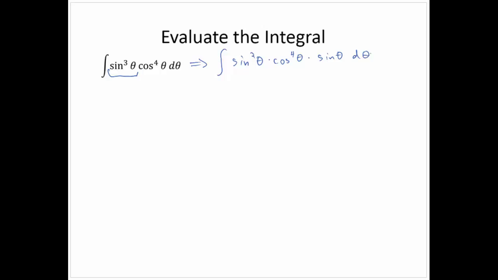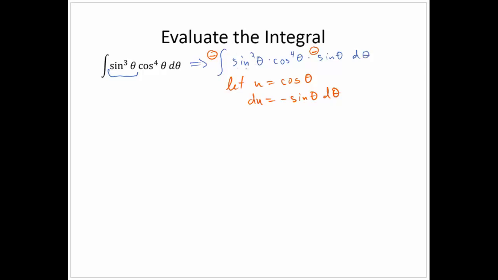Well, now I'm going to use a little bit of trickery, not really trickery, but look what happens. Suppose I let u equal cosine theta. Then du is negative sine theta d theta. And so I've got the sine theta d theta, so I would need a negative in here, and I need to bring a negative on the outside.